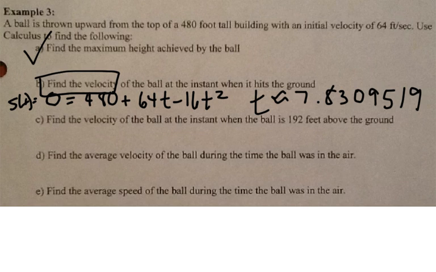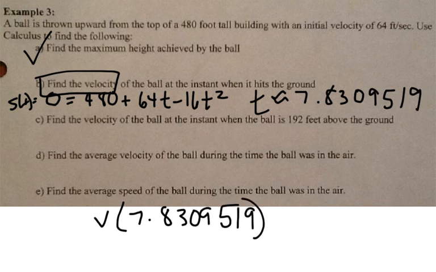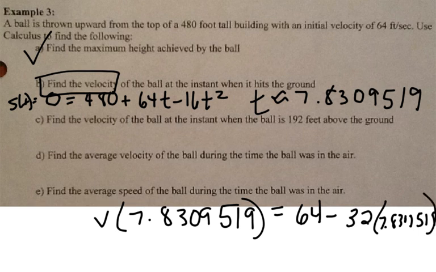So I'm going to take my velocity function and plug in that decimal with all of the decimal places the calculator gave me, 7.83095119, to find out what the velocity is.